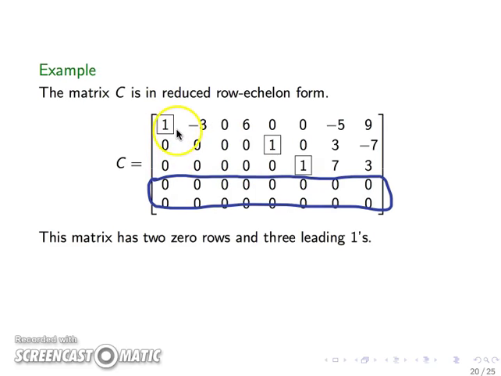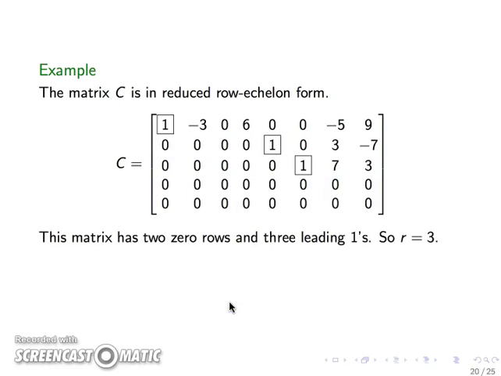So they are denoting leading ones. In the first row, there is nothing to the left of this one. On the second row, every entry to the left of that one is 0. So that one is indeed the leftmost non-zero entry of row number 2, and so is the next one.